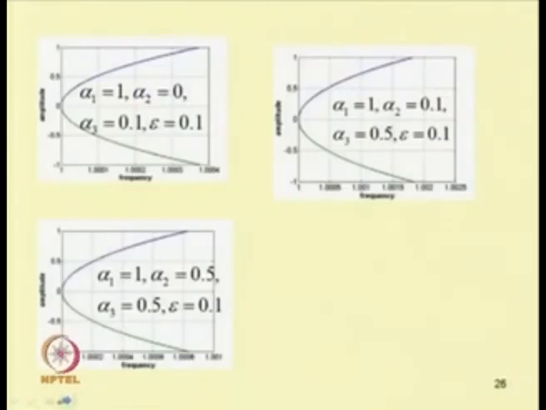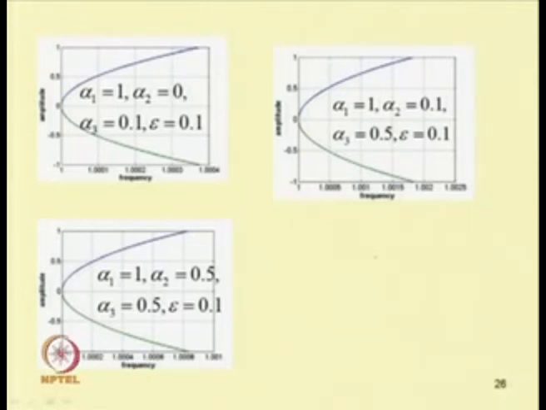So, if one takes alpha 1 equal to 1, alpha 2 equal to 0, alpha 3 equal to 0, that will lead to a linear system, and we know that the amplitude is constant and that will be equal to f by m omega n.